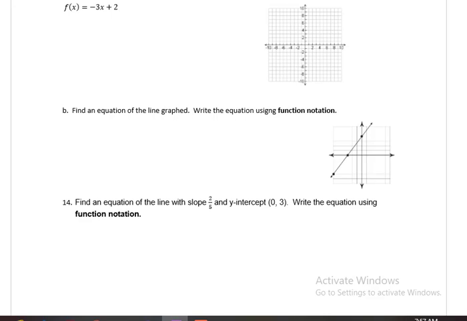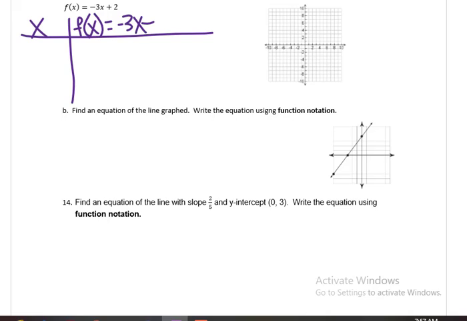Now you can do this a few different ways. We can draw a table where we have our x and our y, remember y is equal to f of x. So -3x plus 2 and then we'd have our ordered pair x, y, and we'll just find 3 points.